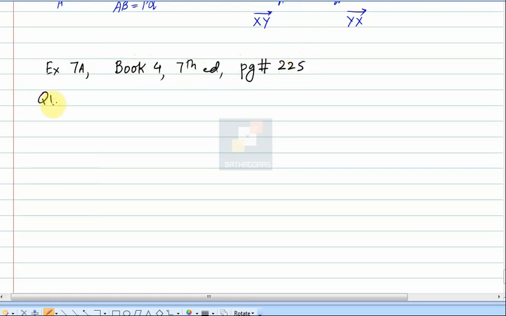Question number 1. Find the magnitude of each of the following.